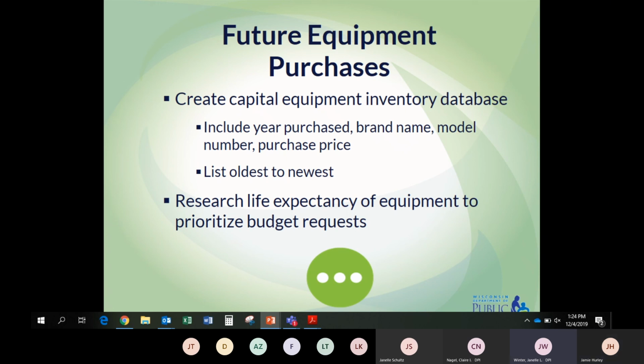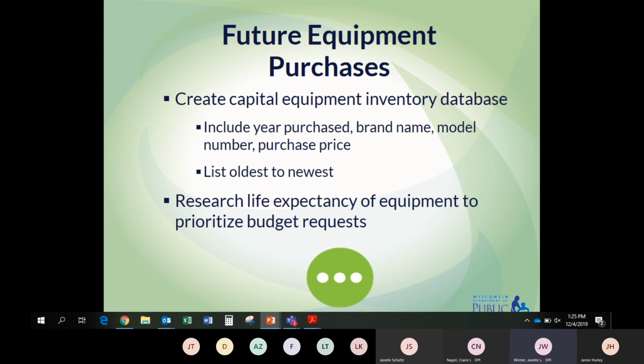And then also your routine or preventive maintenance that you're doing to your piece of equipment can drastically affect the life expectancy of the piece of equipment, as well as how the equipment is cared for routinely. Dish machines obviously are hugely impacted as to whether they're delimed or not. That is a big one that affects the life expectancy of a dish machine.